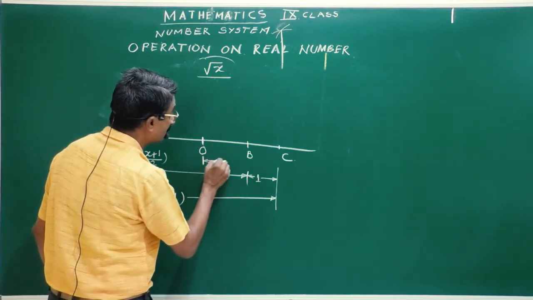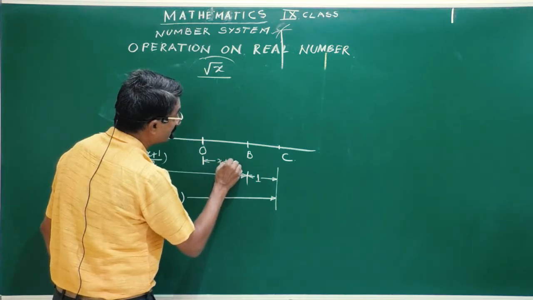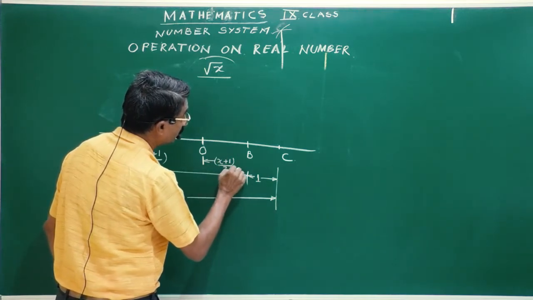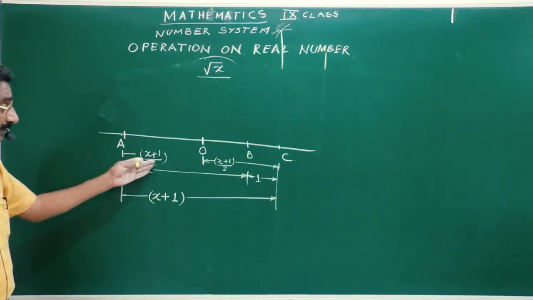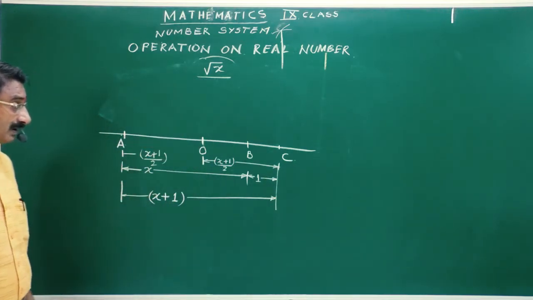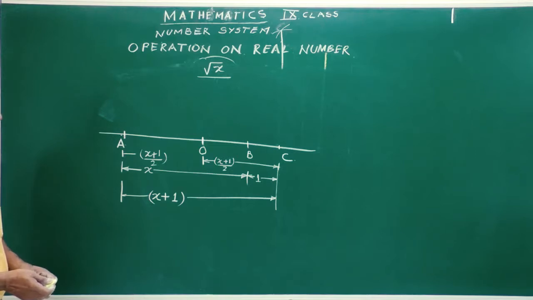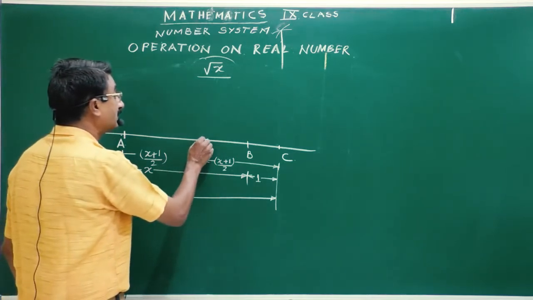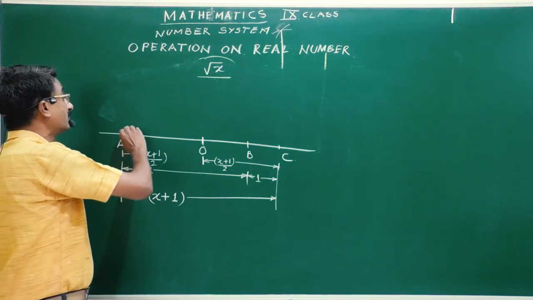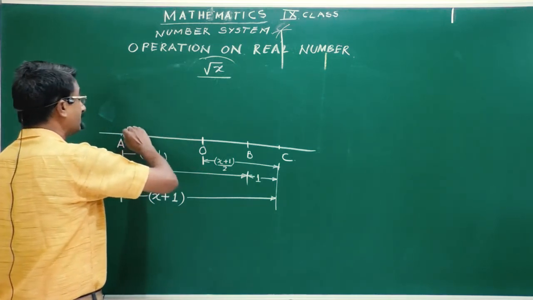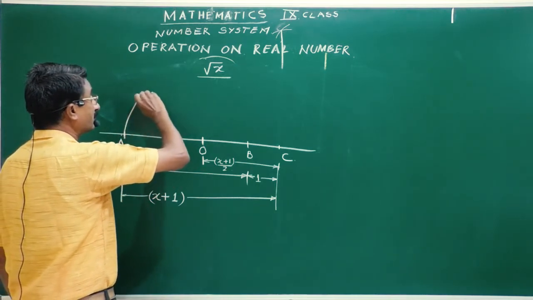Similarly, this is also x plus 1 upon 2, because AC is equal to x plus 1, so half on this side and half on this side. So now we got the center. Then what did we do? After this we had drawn the semicircle. So we will draw the semicircle.